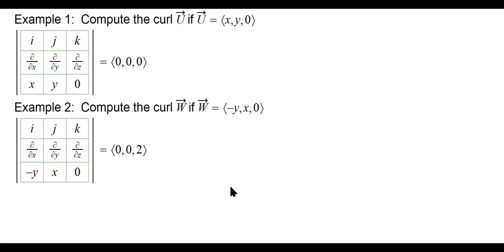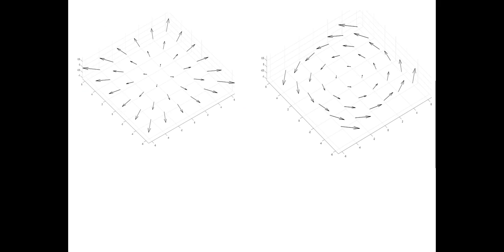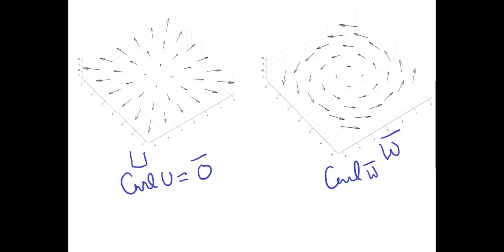Let's quickly see how the vector fields of the two would look. Here we have u, and the curl of u is 0. And here we have w, and the curl of w was what? I think 0, 0, 2.